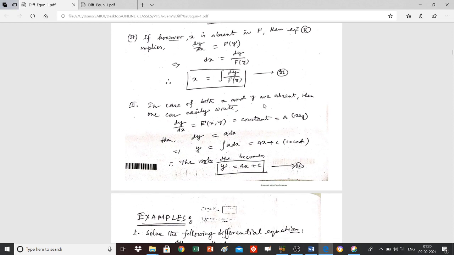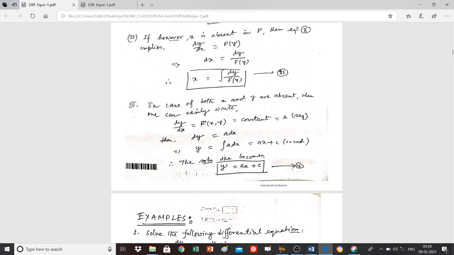Now come to the next condition, that is, if both x and y are absent. In this case, both x and y are absent. That means the right hand side of this equation, dy/dx is equal to f(x,y), should be a constant, because the right hand side does not bear the variables x and y. It may be a zero. So we take it as a.